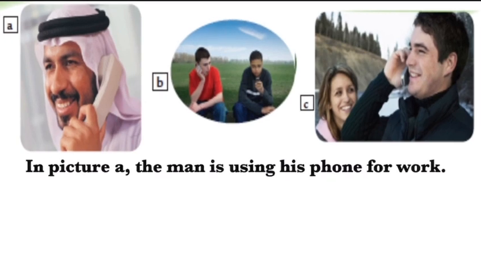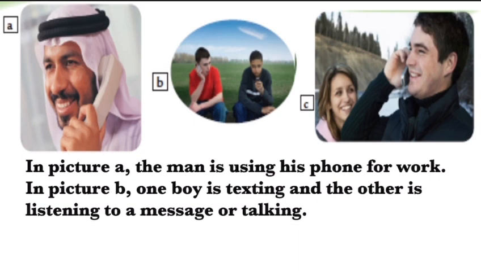Excellent. In picture A, the man is using his phone for work. Maybe he uses his phone for work, or he can talk to his friend. Yes, that's probable. In picture B, what is happening?